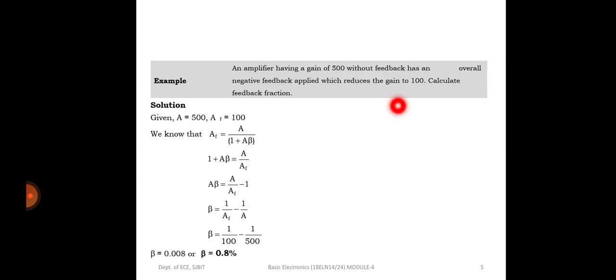So let us have a look at the problem where an amplifier has a gain of 500 without feedback, and has an overall negative feedback applied which reduces the gain to 100. Calculate the feedback fraction.